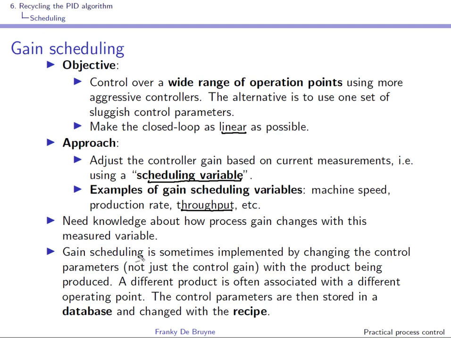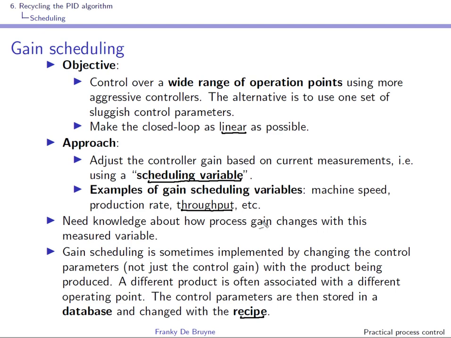What is sometimes done is, instead of using gain scheduling, that we put the controller parameters in a recipe. And this is sometimes done in the paper industry, for instance. Each paper grade, type of paper, is produced with a certain speed, right?